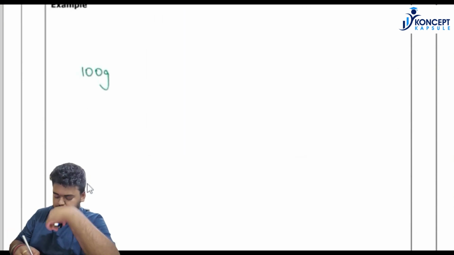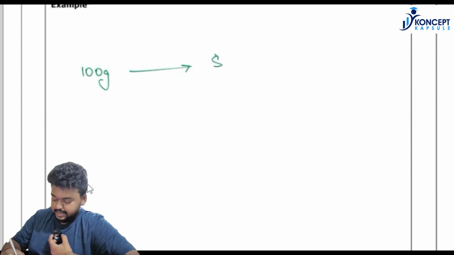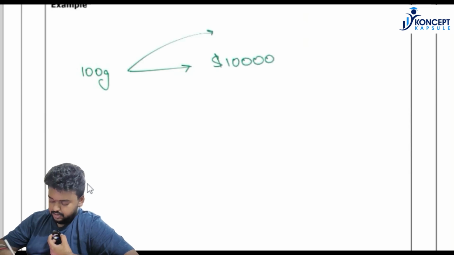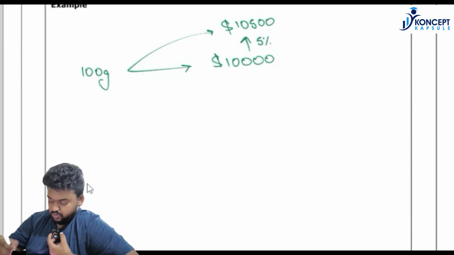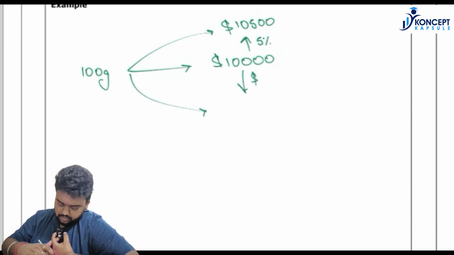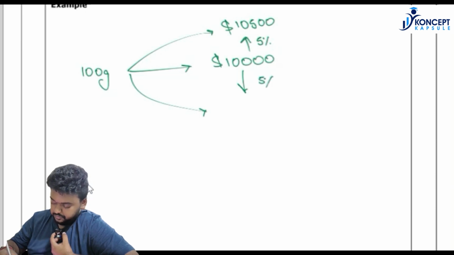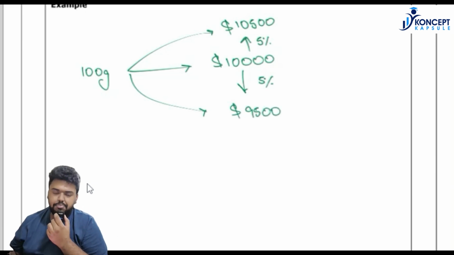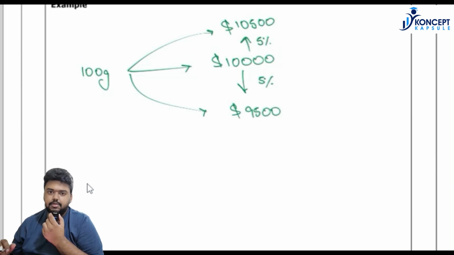This 100 grams of gold can either remain at $10,000, or it can go higher than $10,000, let us take an example of 5%, or it can go below $10,000, let us take an example of 5%, so 95. So there are only three alternatives possible: either the prices go up, or the prices go down, or the prices remain constant.